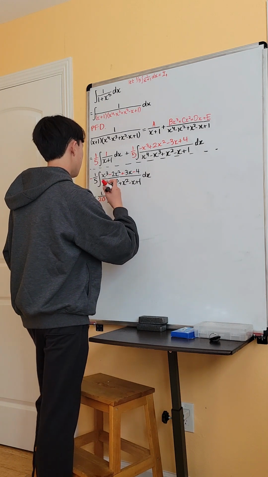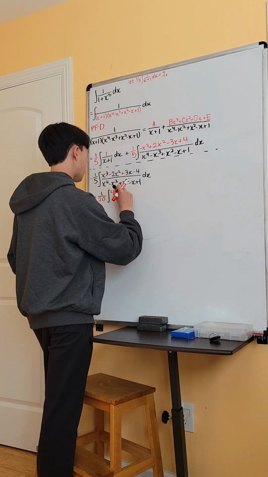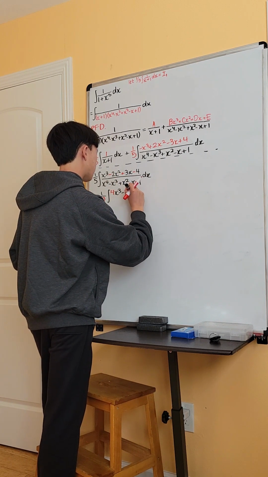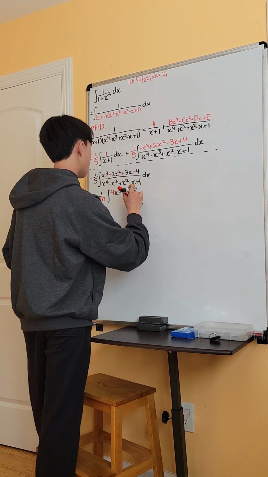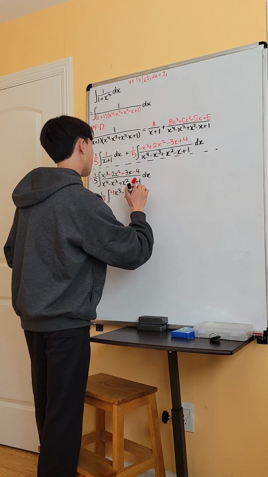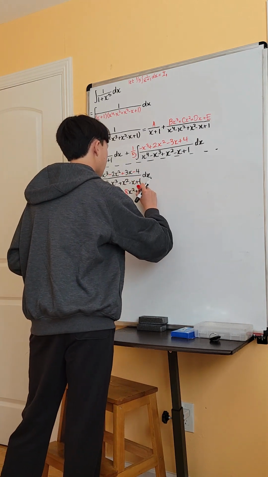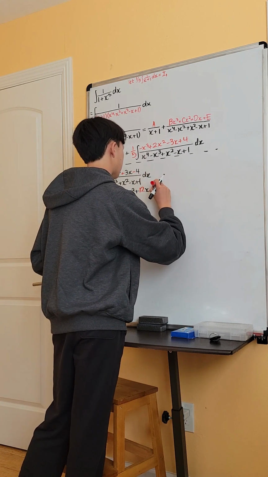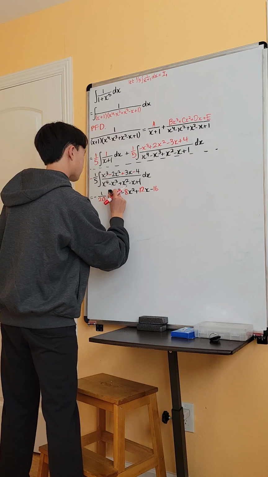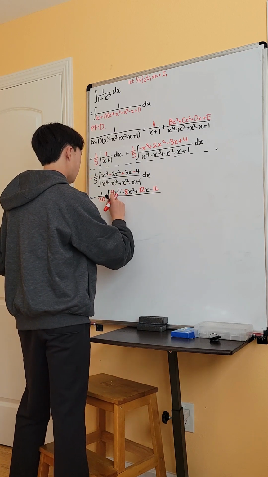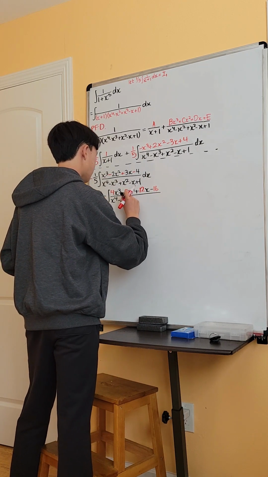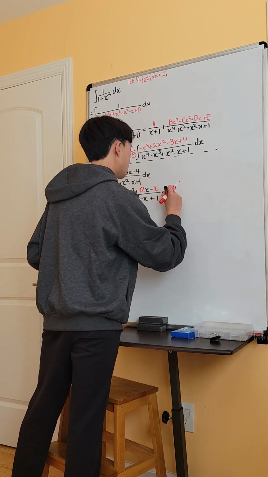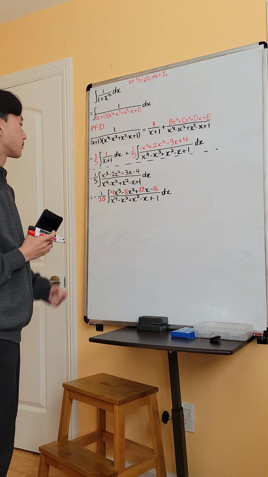You get 4x cubed minus 4 times 2 is 8x squared, 3 times 4 is 12x, and then 4 times 4 is 16. And then the denominator stays the same, dx. Okay, so what next?